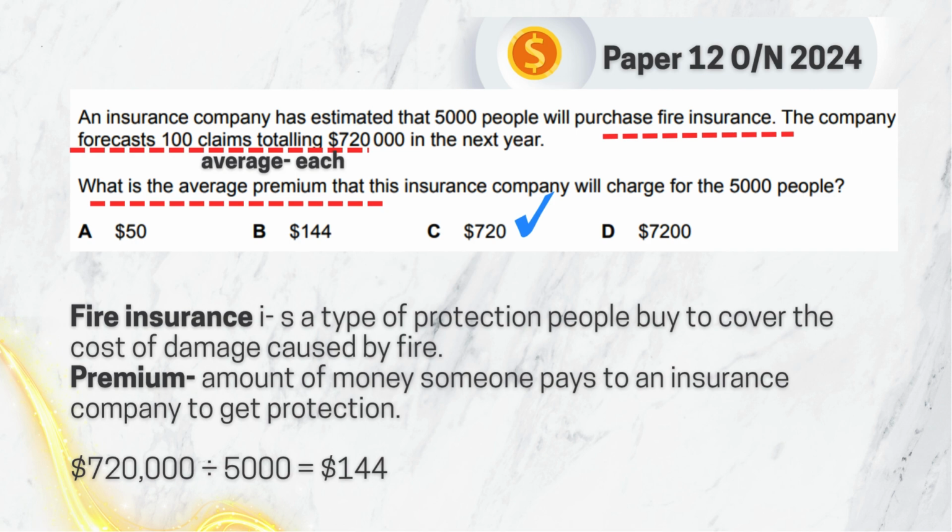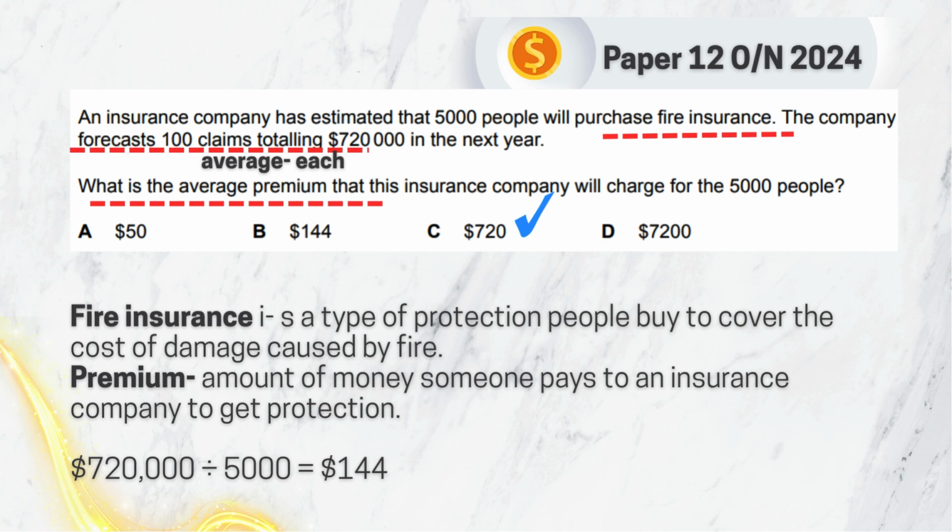But here's the catch. To be able to pay for those losses, the insurance company collects premiums. So this is another item. Premiums from everyone who buys the insurance. So that way, even if only a few people experience a fire, the company has enough money to help them.